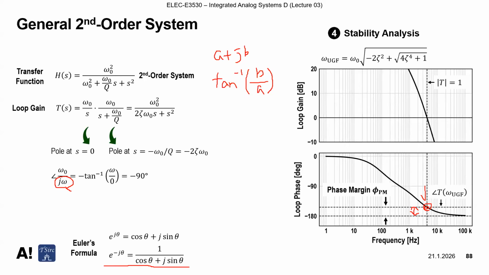So here we have a complex number at the denominator. So when we are analyzing the phase for a complex number which is located in the denominator, then we can simply take the minus term. So it ends up as minus arctangent of omega over 0. That goes to arctangent of infinity.